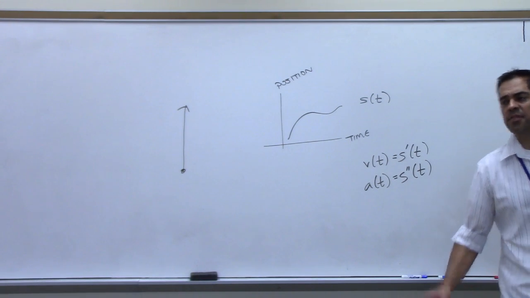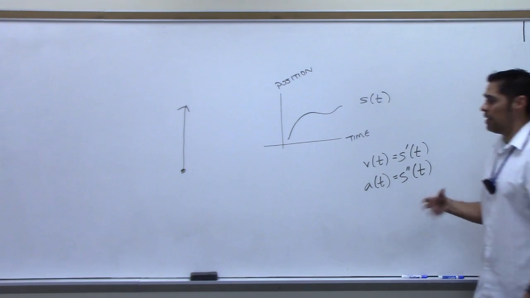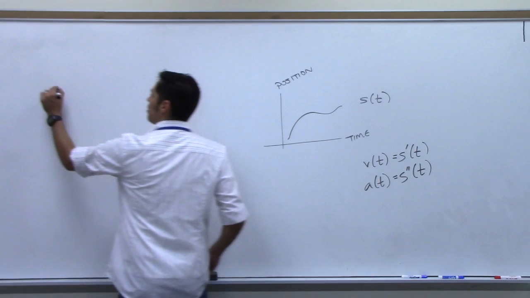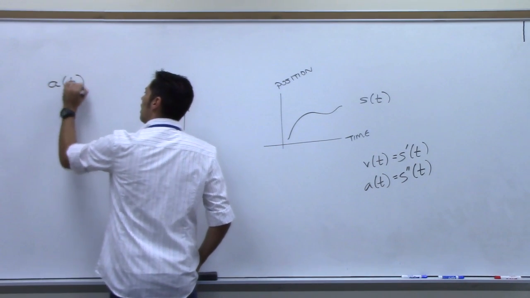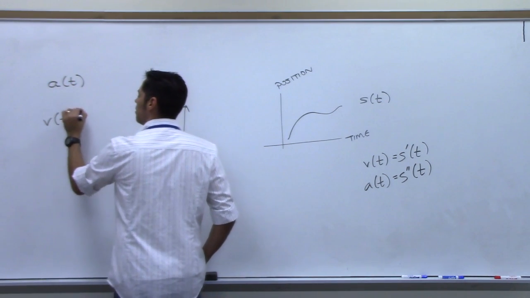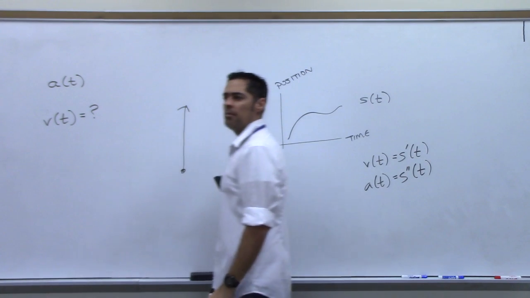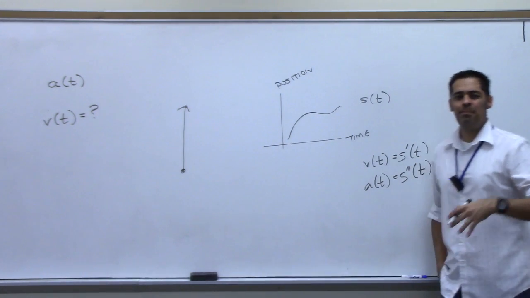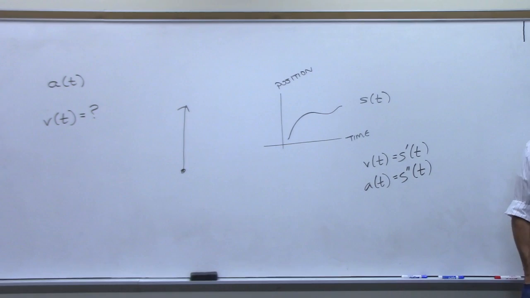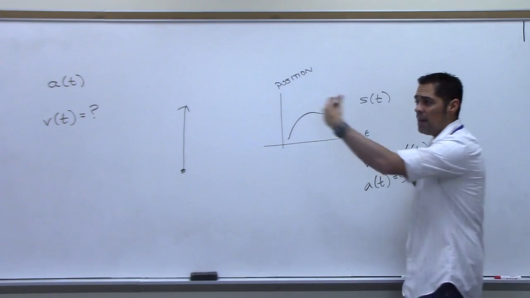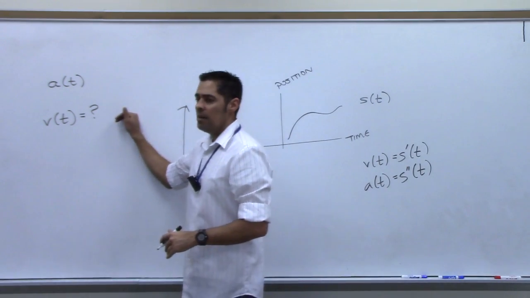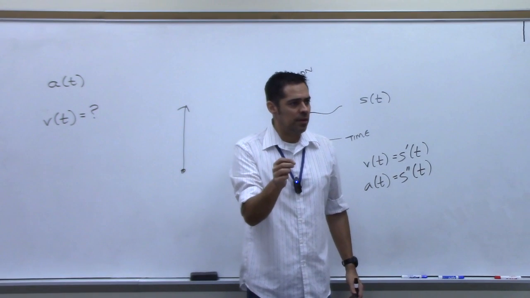Therefore, if somebody gives us an acceleration function, and I want to know what velocity is, will I be able to get it? Yes, but there will be a sacrifice I make. When I find the antiderivative to go backwards, am I going to be able to get the exact function?